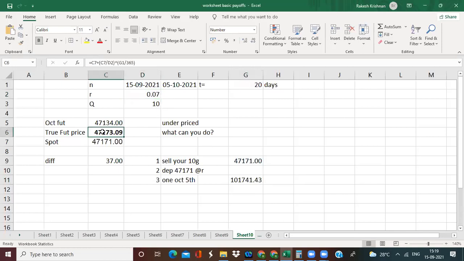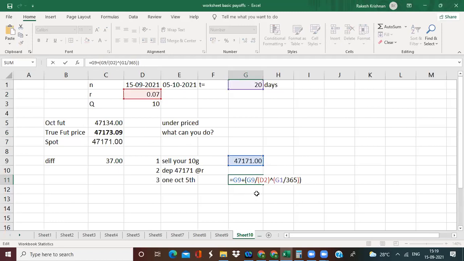G9 plus G9 into D, isn't it? You're calculating the interest.